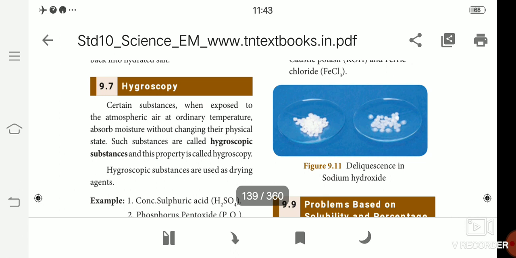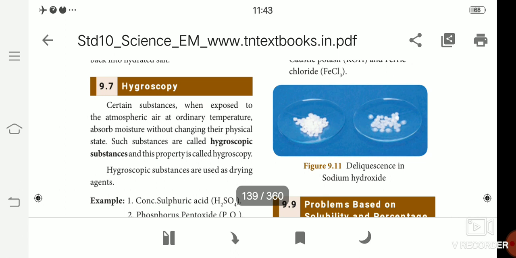The next topic is deliquescence. When a hygroscopic substance is exposed to atmospheric air at ordinary temperature, it absorbs enough water from the air and gets completely dissolved.